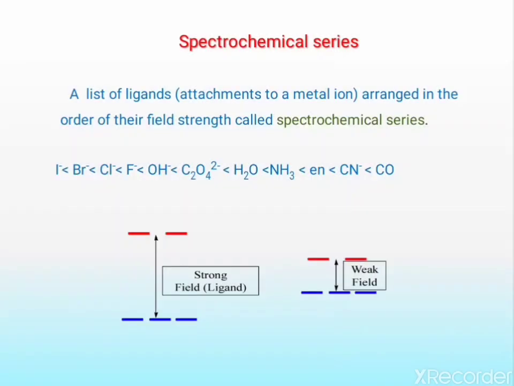The next question is, how can we distribute the electrons to these T2g and Eg sets of orbitals? How can we distribute the electrons in the presence of a strong field and in the presence of a weak field? That is the question.